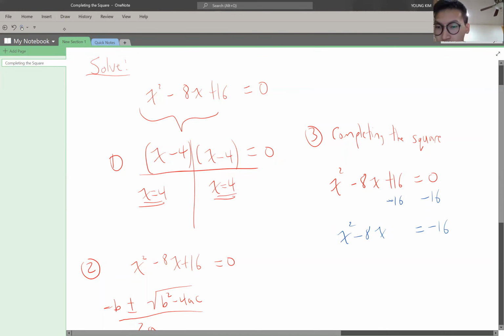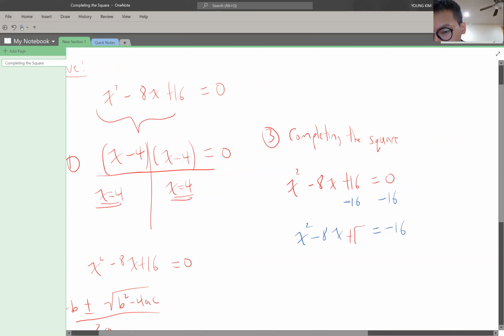The trick is that you're going to add a special number on both sides. What this special number is, is half of this b coefficient, squared. So that means negative 8, half of that, that's negative 8 divided by 2, which is negative 4, and you square that, it's going to be 16. So this magical number, 16, you're going to add to both sides of this equation, right?